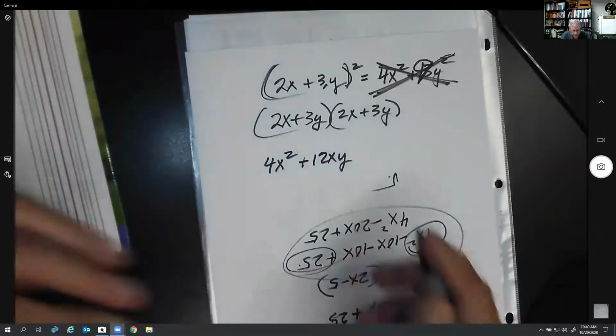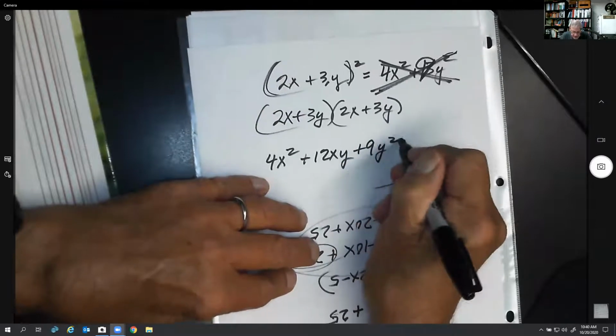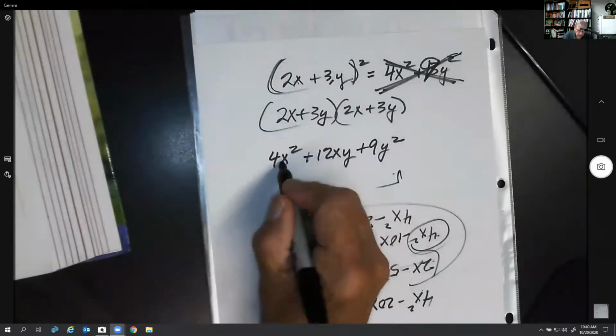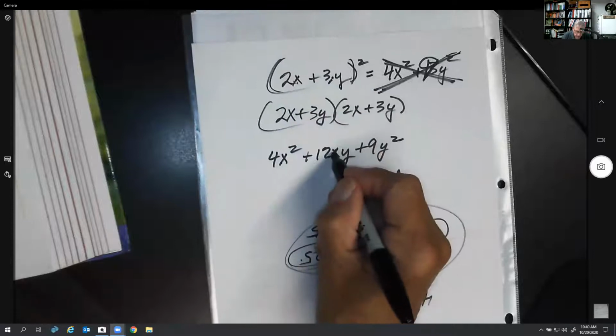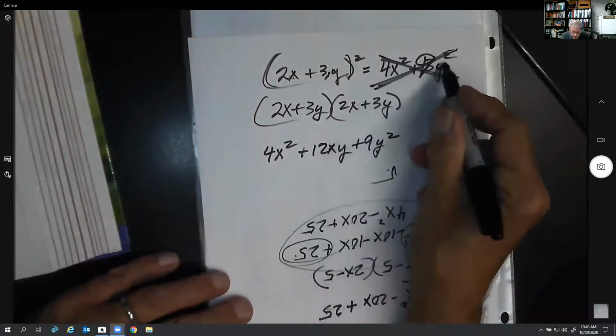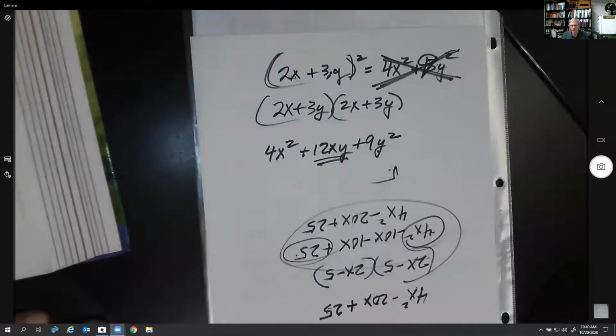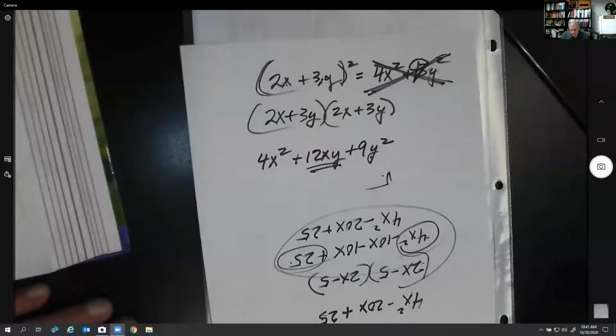Double means multiply it by 2, and then square. See how fast that is? Square, multiply together, double, square. Does that look anything like 4x squared? A little bit like this, but this has a middle term, and that's very important. So we want to be careful.